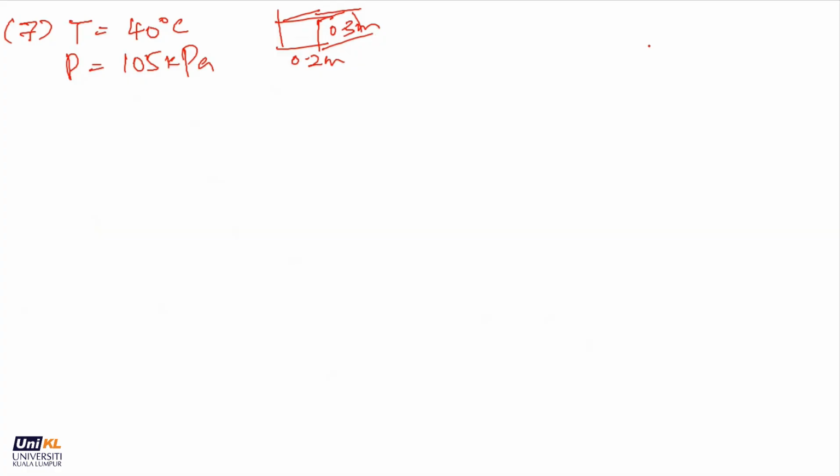In an air heating system heated at 40 degrees Celsius, temperature drop 40 degrees Celsius, 105 kPa, rectangular duct 0.2 by 0.3. Smooth surface, smooth surface.